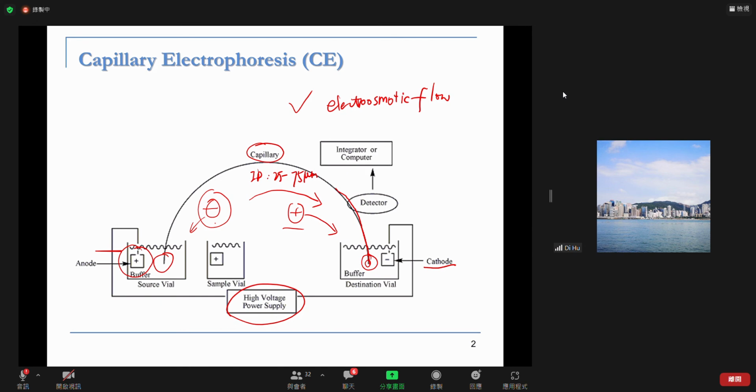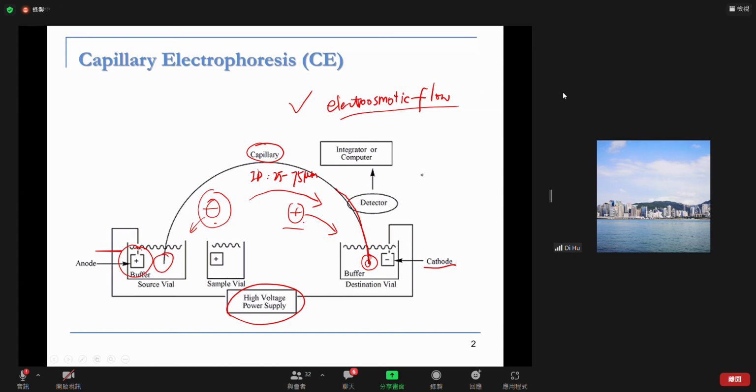Even within the anions, because they have different charge density, the degree of pulling or acceleration is different. So electrophoretic mobility achieves the separation, and electro-osmotic flow is what brings everybody to the detector.